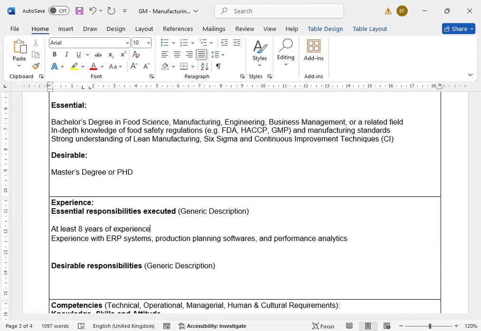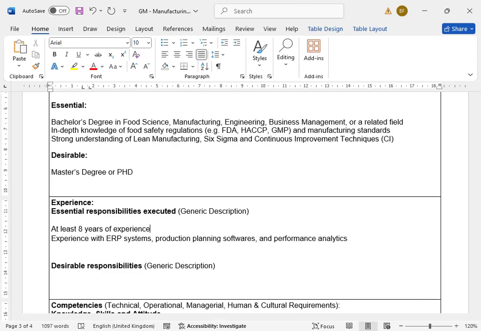Some superiors, leadership superiors, will put more like 10 or 15 years. Why? Because if you have more years of experience, your job size will increase, or the grade will go up, and therefore the compensation will also go up.